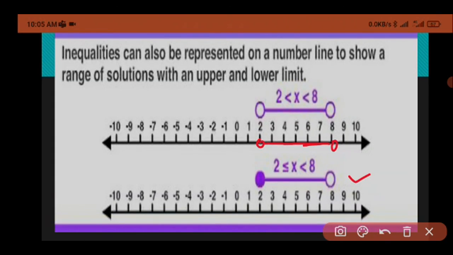But in this case, 2 is smaller than or equal to x but smaller than 8. The meaning of this is 2 is included, that is why you can observe here the circle is filled, and here 8 is not included, so the circle is empty. So from here to here all these are solutions except 8.